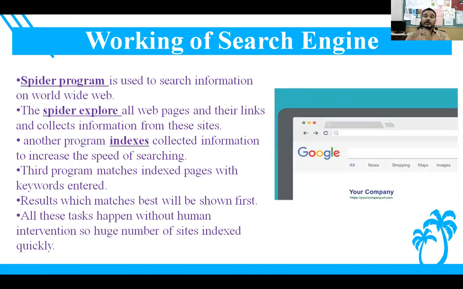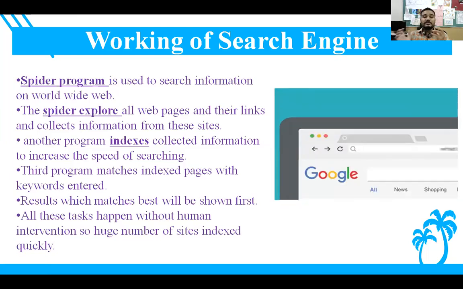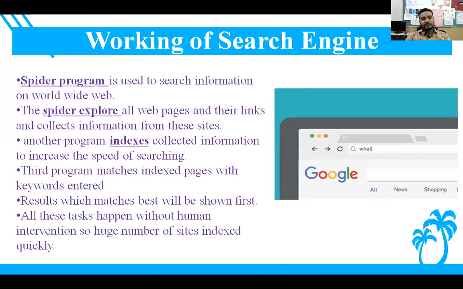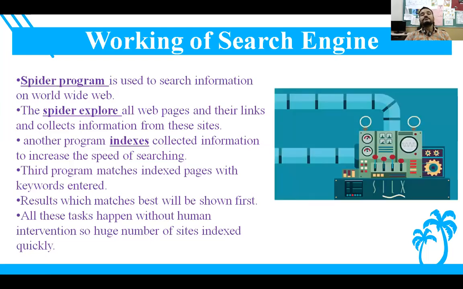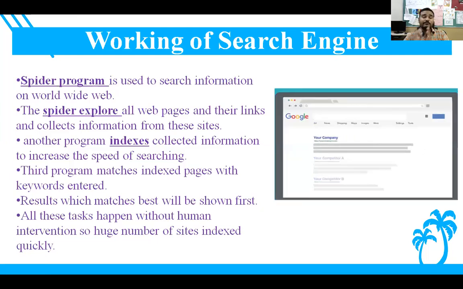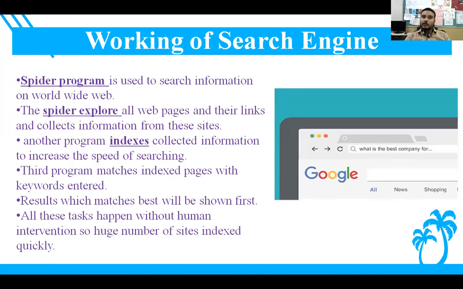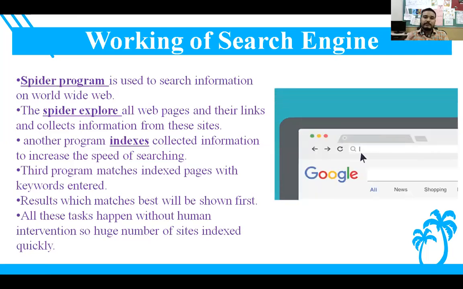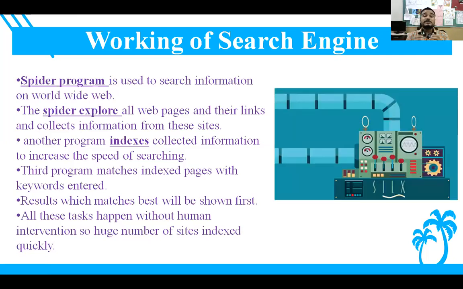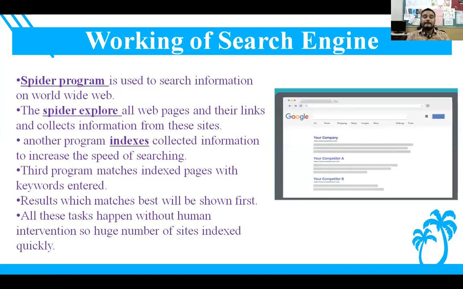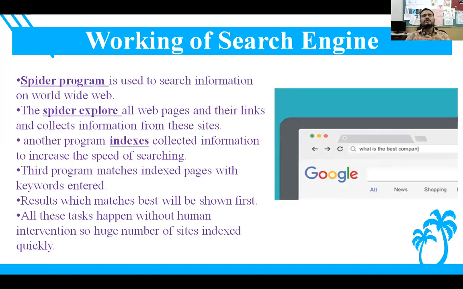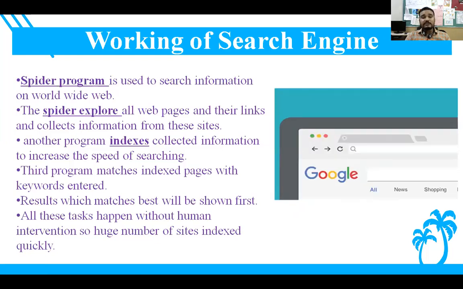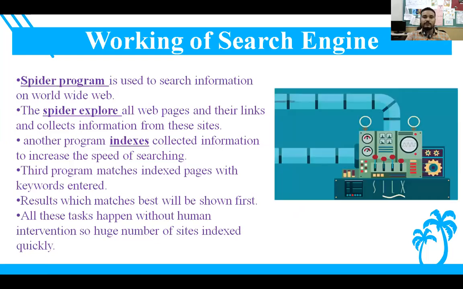And the third one will sort out those pages and present you the exact or best result it can give you. This is the process of searching information. While I'm speaking about it, it takes 1 or 2 minutes, but within a few seconds this process happens very quickly and smoothly, depending on the internet connectivity of your phone or computer.